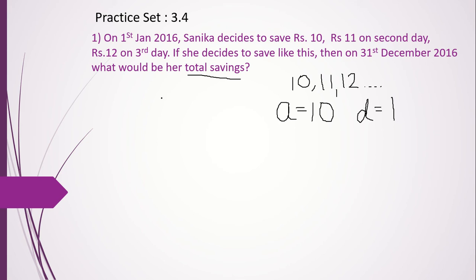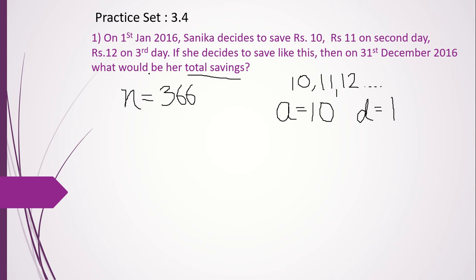They have given a year, so there has to be something why they have given the year. So you just have to think a little. 2016 is a leap year, so in a leap year there are 366 days, one day extra is there. In normal cases it would have been 365, but since 2016 is a leap year, we would take n is equal to 366. Now we got everything.